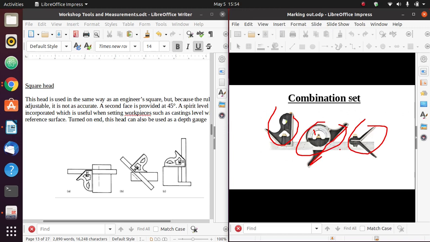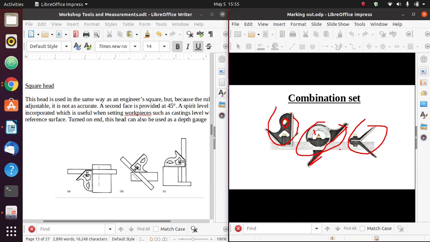So this is adjustable, meaning that the measurements that you get are not as accurate. So that's why we have a spirit level inside here to help us make sure that some of the lines that we are scribing are perpendicular. Then you also have this, which is usually at 45 degrees.